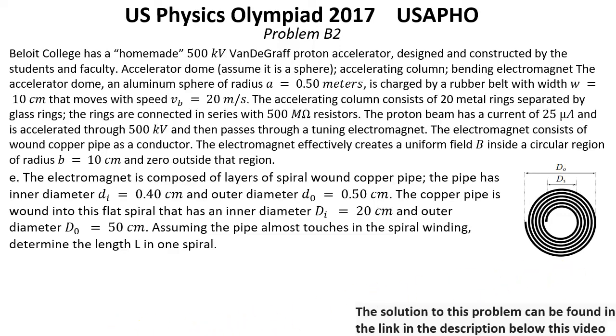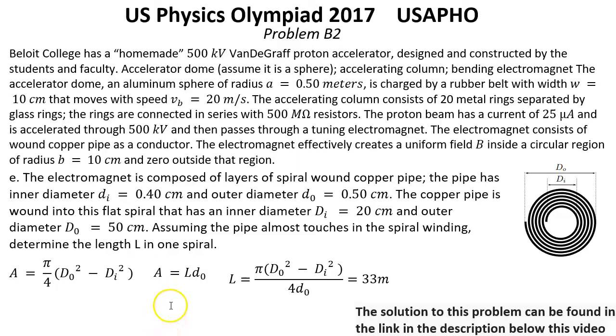So from one hand this area equals π/4 multiplied by (d0² − di²), and from the other hand the area equals the length of the spiral multiplied by the outer diameter of this pipe. From here we can find L. And finally we have the length of the spiral L equal to 33 meters. That was the answer for question E.